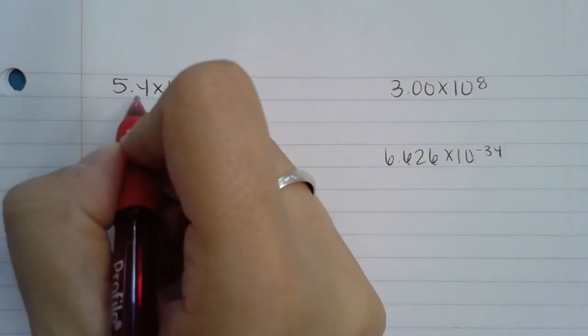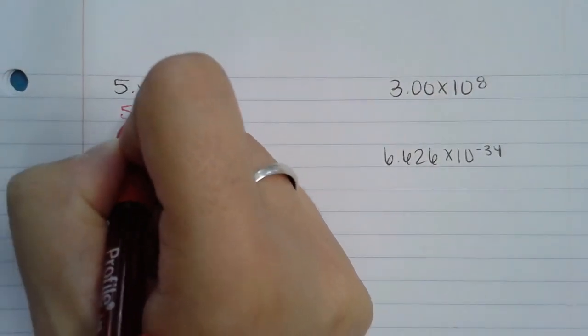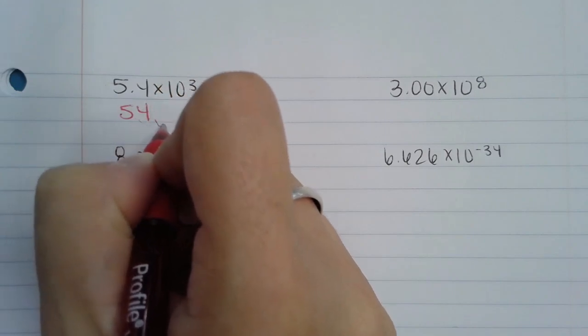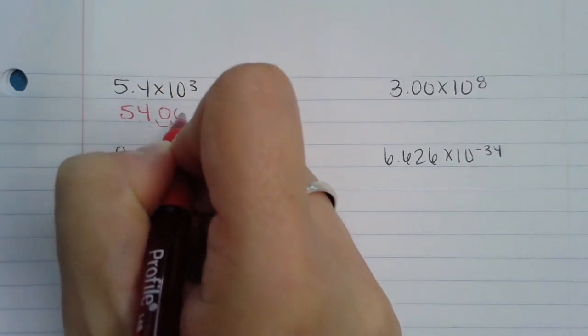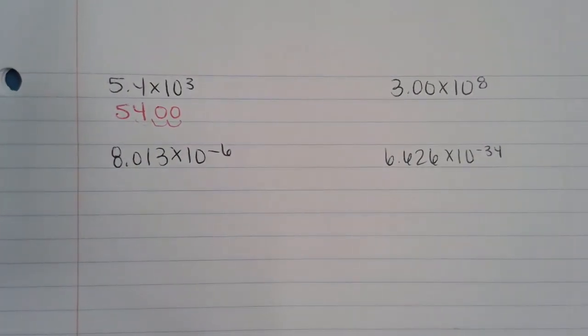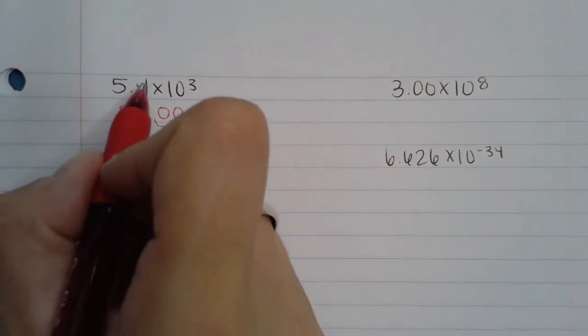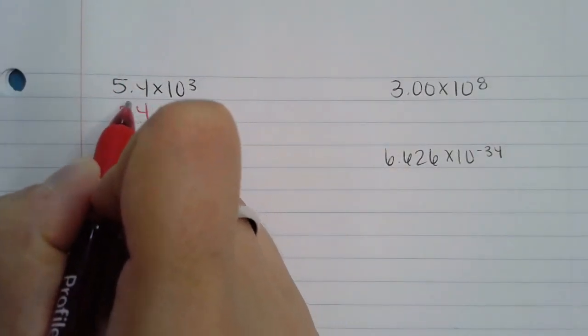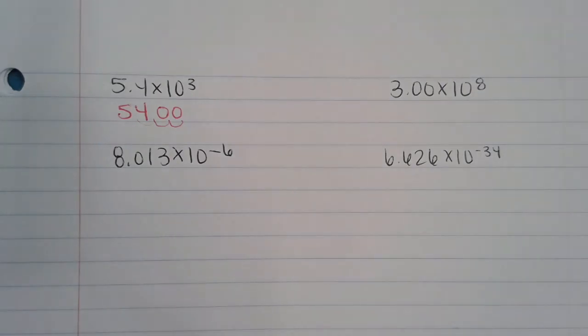So 5, 4, if my decimal point's here, I would move it over 1, 2, 3 times. So you would have to tack on 2 additional zeros. Don't put a decimal point at the end because this number has 2 significant figures and therefore this answer should also have 2 significant figures. So you're moving the imaginary decimal point over.